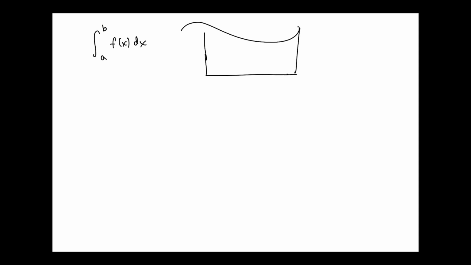If I want to find the area between two points A and B underneath some function, let's say I've got some squiggly function f of x, and I've got A here and B there, then this symbol represented that area.